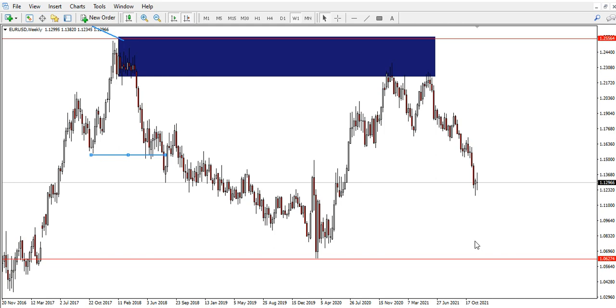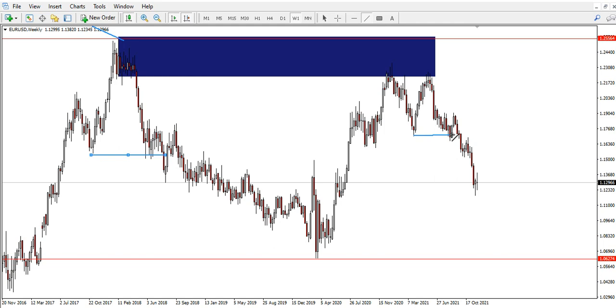Sorry about that. Do we then have a shift of market structure from this here? Let's see now. After this OB was mitigated here, we have another confirmation of a shift of market structure here. So what do we do then?